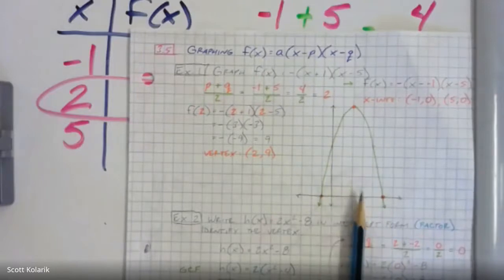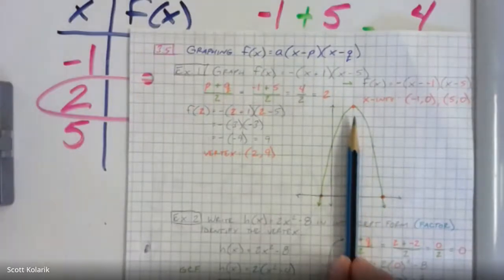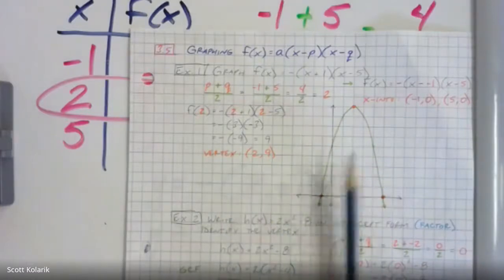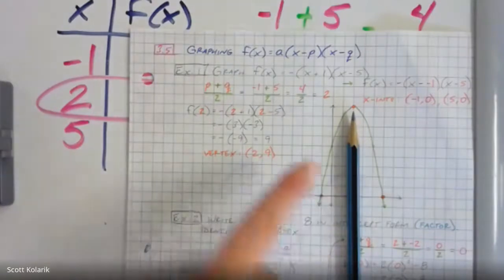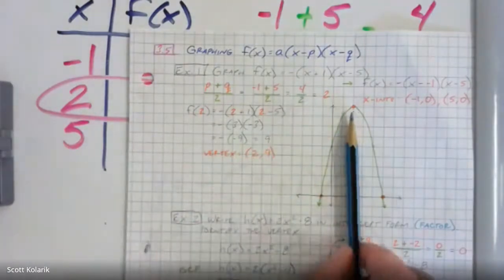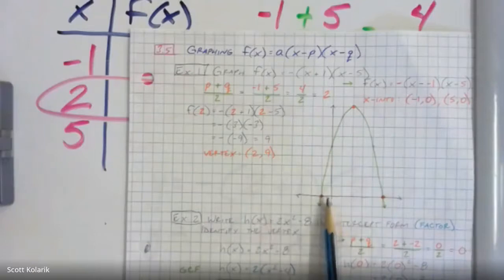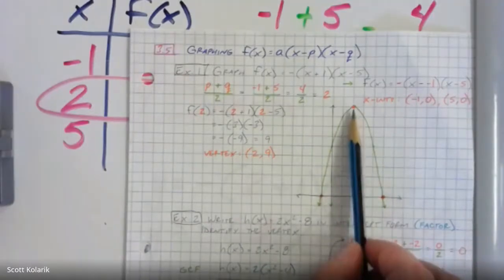And if I were to do a line through that +2, I create an axis of symmetry. And when we plug the 2 back into the original equation, we're looking for basically where along that axis of symmetry is my coordinate point, my vertex. And we found it to be up top. And when we plug 2 in, we got +9. So when I do +2, or to the right 2, up 9, there's my vertex.